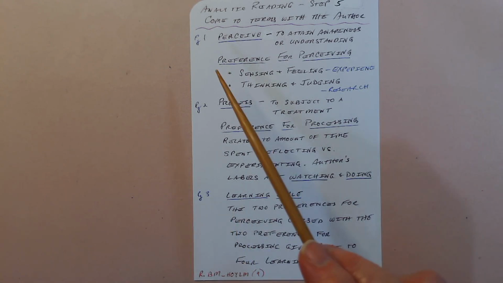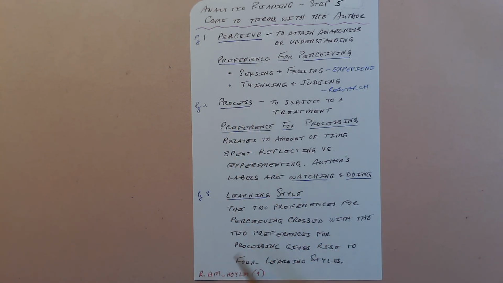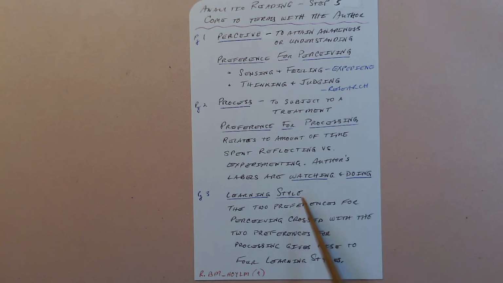Then the next term, in page number order, was learning style. McCarthy points out that if you take the two preferences for perceiving and cross them with the two preferences for processing, you're going to end up with four different groups, which she says are the four learning styles.